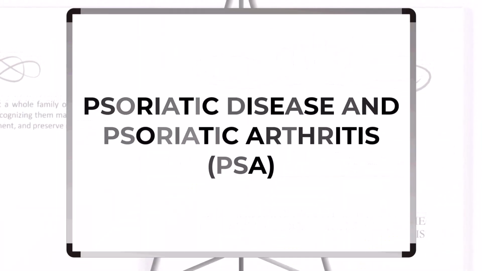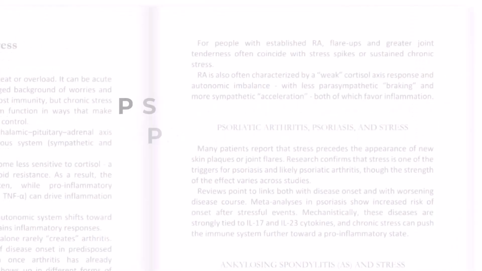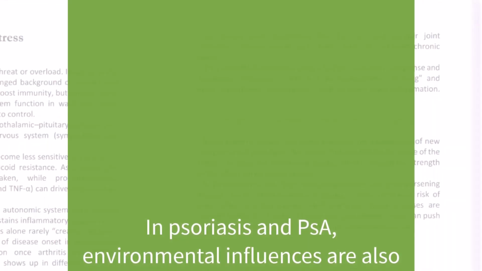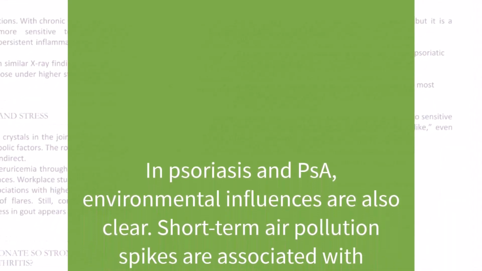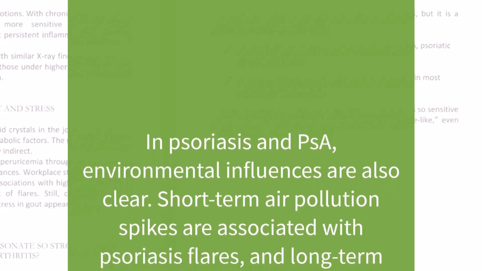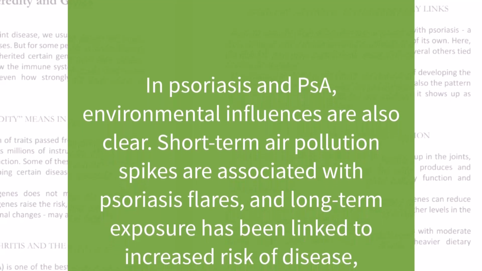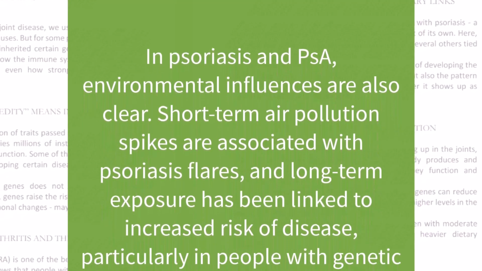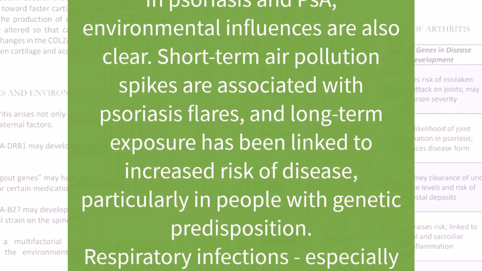Psoriatic disease and psoriatic arthritis, PsA. In psoriasis and PsA, environmental influences are also clear. Short-term air pollution spikes are associated with psoriasis flares, and long-term exposure has been linked to increased risk of disease, particularly in people with genetic predisposition.